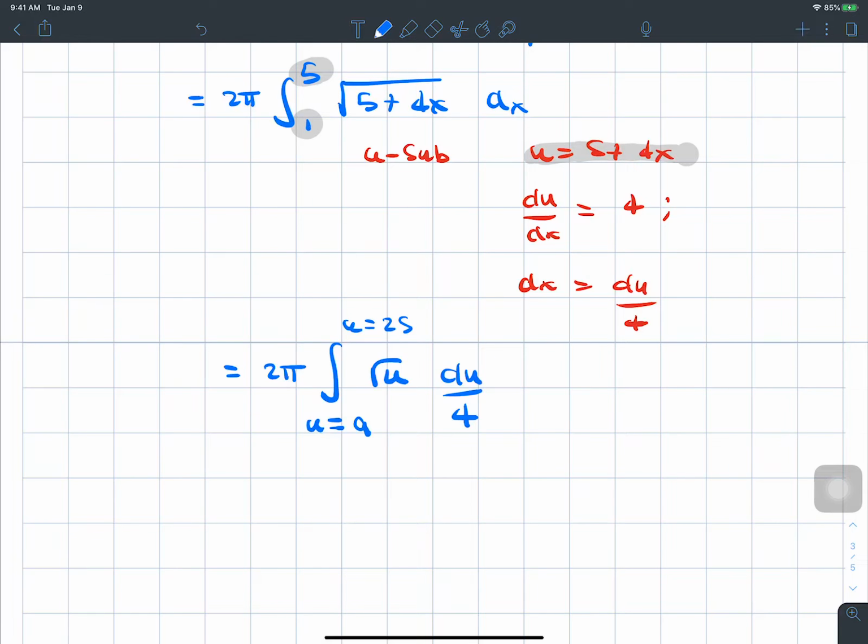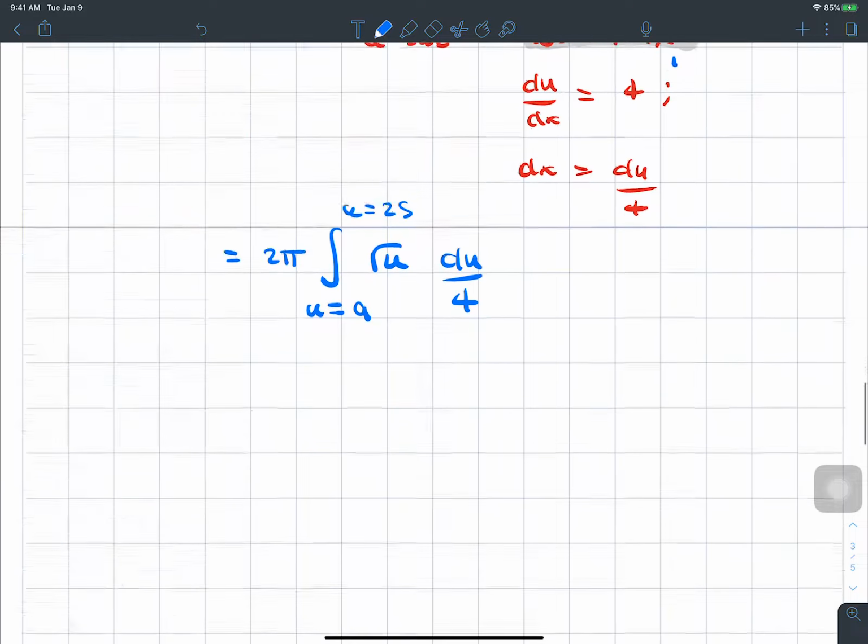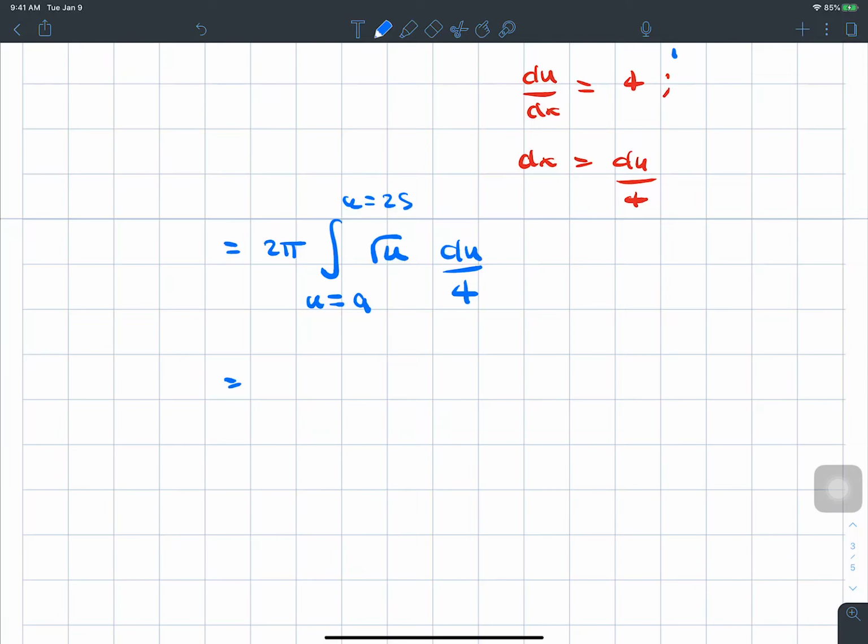Remember, we're going to plug these values in here. X is 1, x is 5. So here's how we get our limits now. So it looks like it's going to be pi over 2 integral from 9 to 25 u to the 1/2 du.